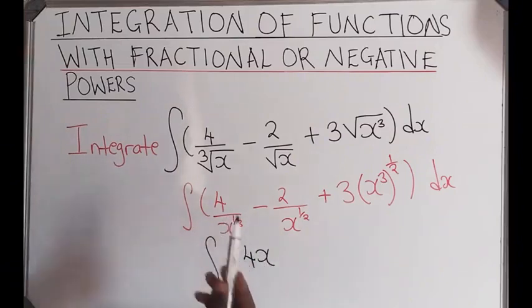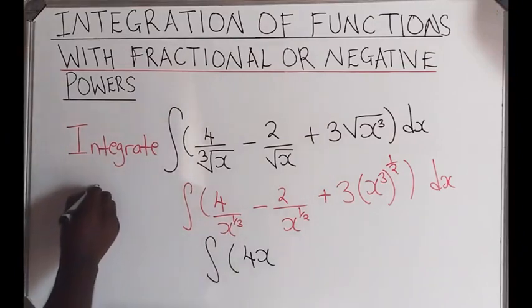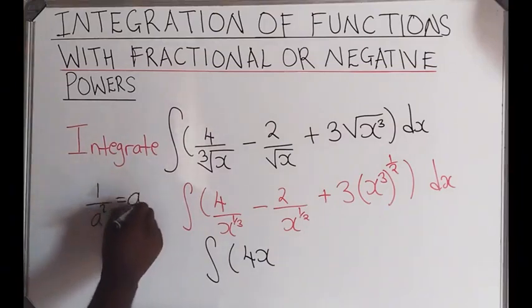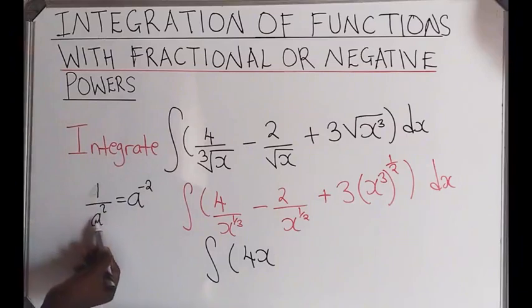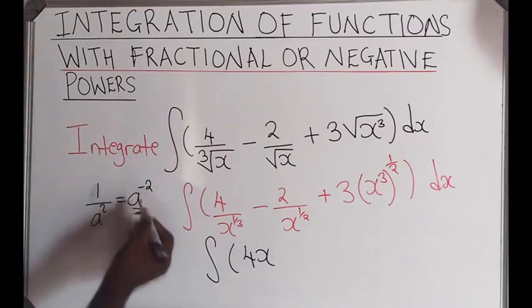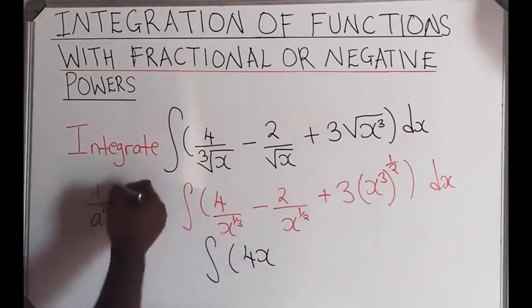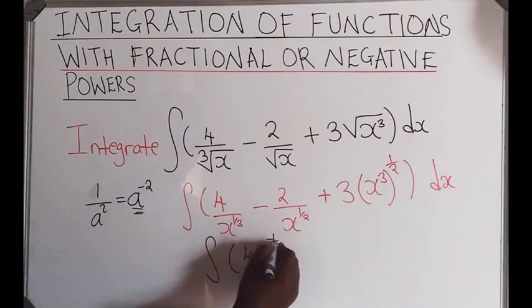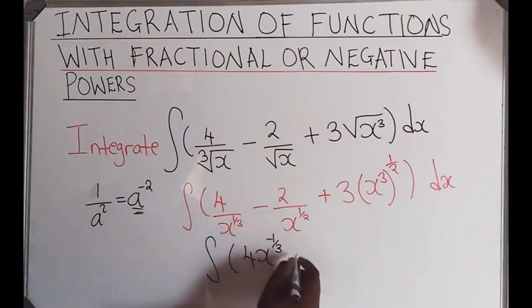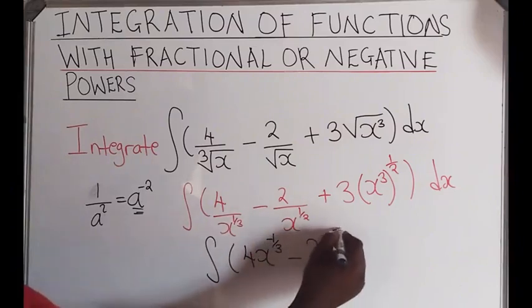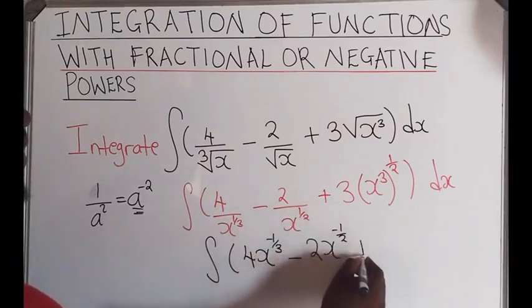One of the laws of indices: if you have something like 1 over a squared, you write this as a to the power negative 2. This power is positive, so when you write it like this, it becomes negative. So this law is what you are going to apply here. You write x raised to the power negative 1 over 3, minus 2 times x to the power negative half. That is what we're just changing there.